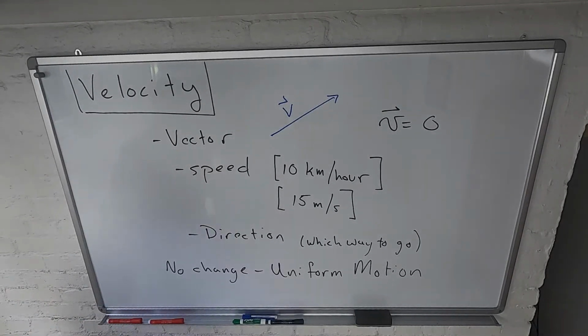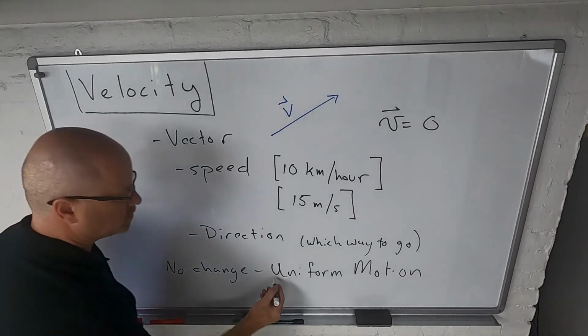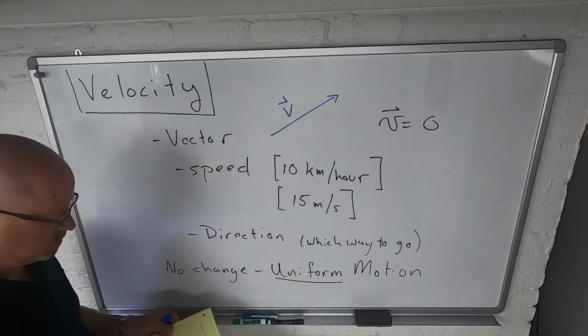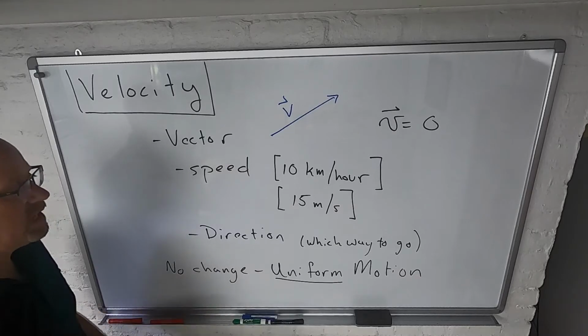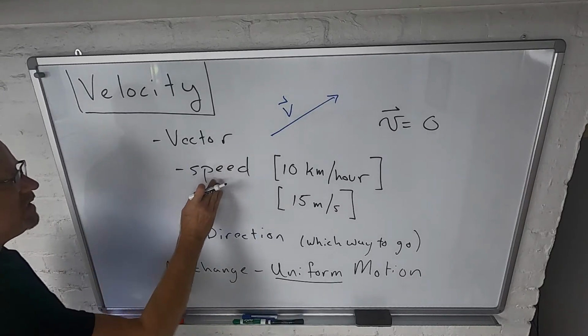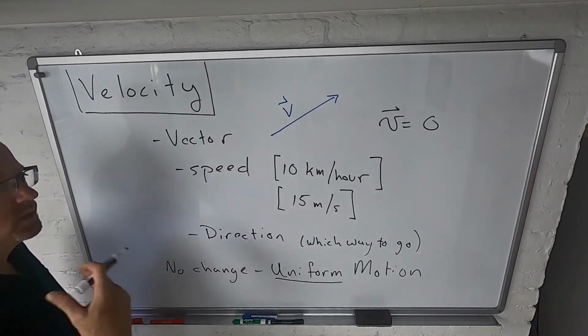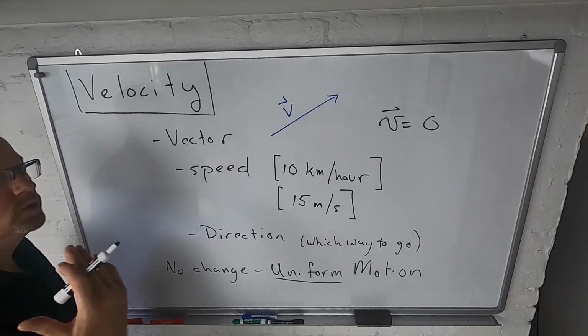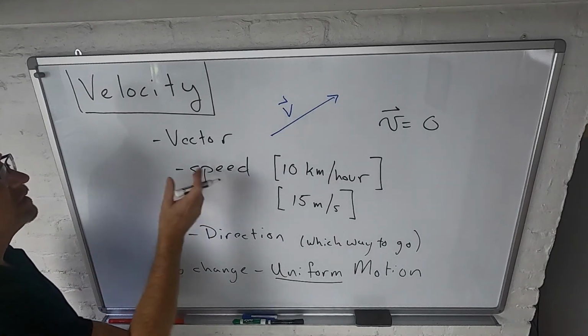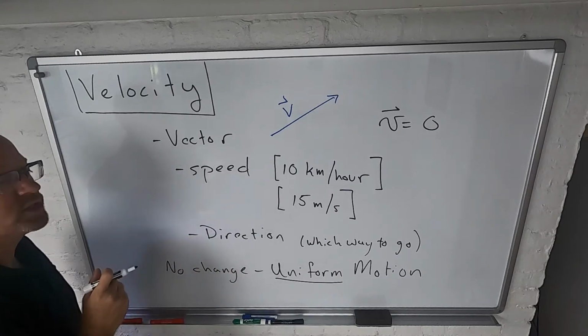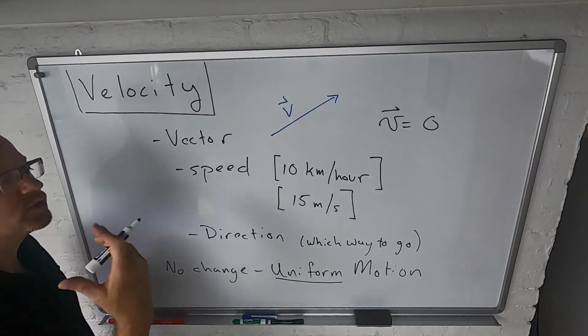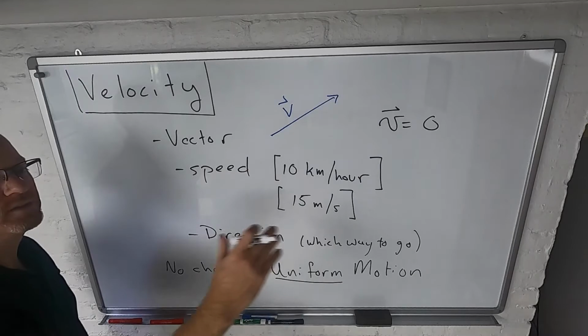So uniform motion is what was written in Newton's laws. And so no change in speed or direction is what's important to Newton's law. We state that if something's speed and direction are not changing, then it's undergoing uniform motion and there's no outside influence.